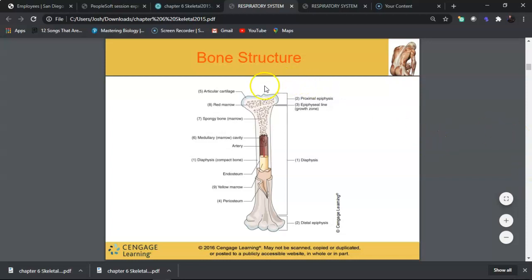The edges here are called the epiphyses, okay? We have 2 epiphyses. We have a proximal epiphysis, which is closer to the body, and then we have a distal epiphysis, which is farther away. And then the long part in the middle is called the diaphysis. Sometimes you'll hear this called the shaft as well.